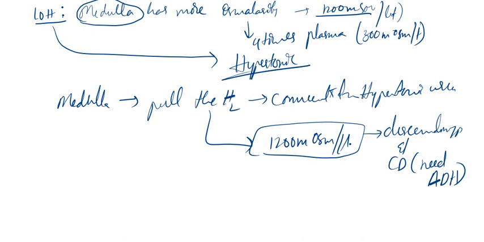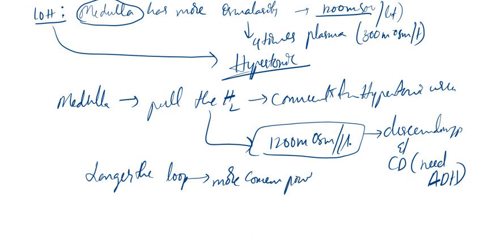Because if diuresis occurs, the urine needs to become more concentrated. So that's why we need antidiuretic hormone. Now, the longer the loop, the more concentration power. This is what are called juxtamedullary nephrons.